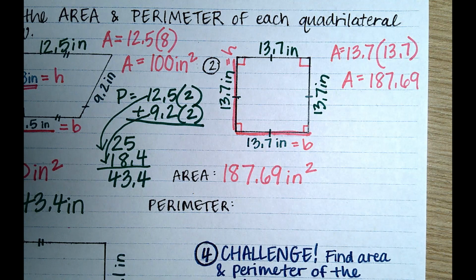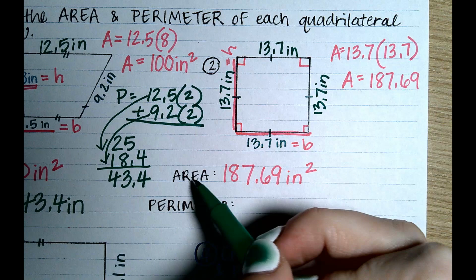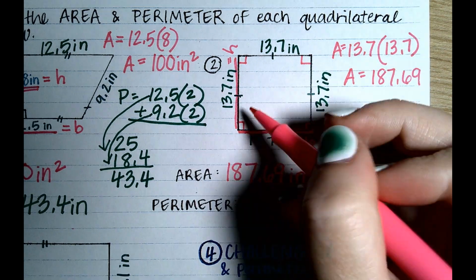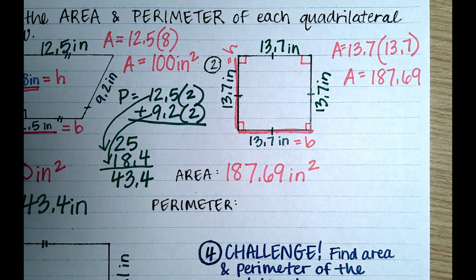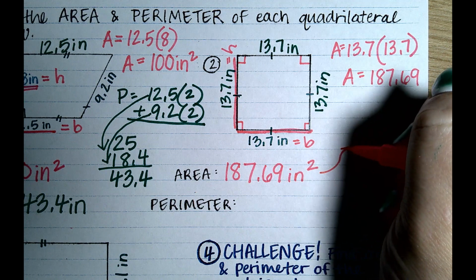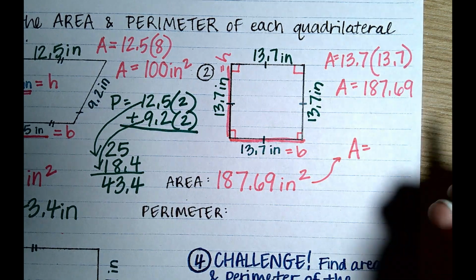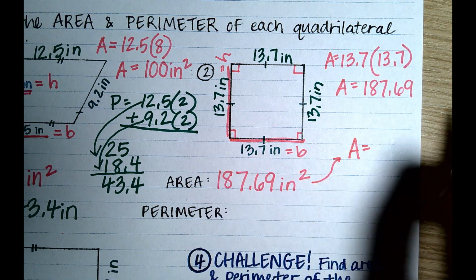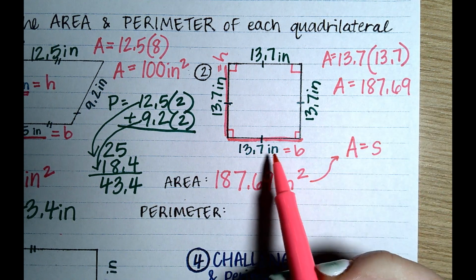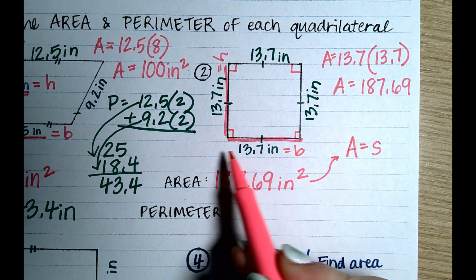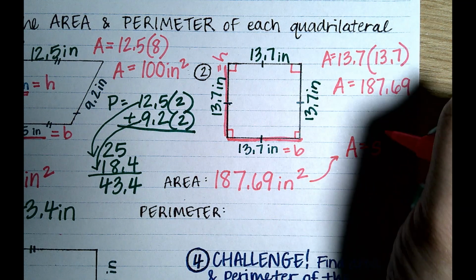Okay. Now with a square, there's also a special area formula, and it's super easy because it's like one letter. If you're curious about that, because a square has all four sides the same, another way to do the area is to say our side length, we'll name it as S. So this could also be called S because all the sides are the same, squared.